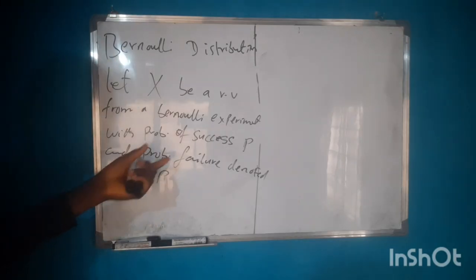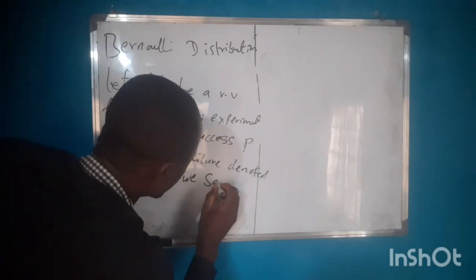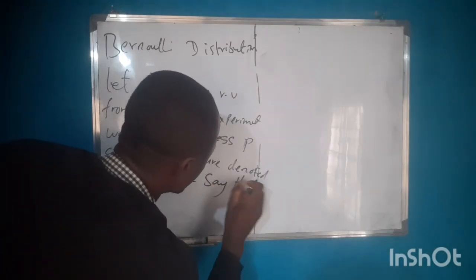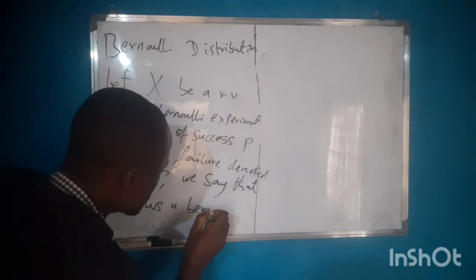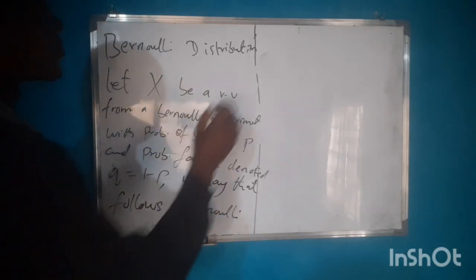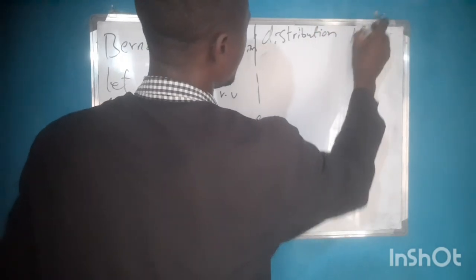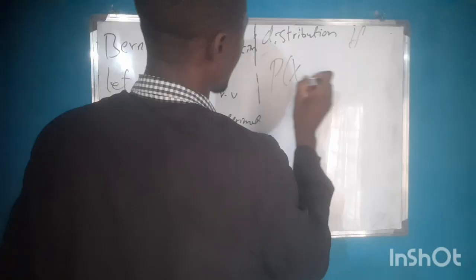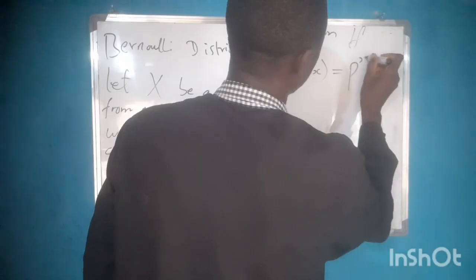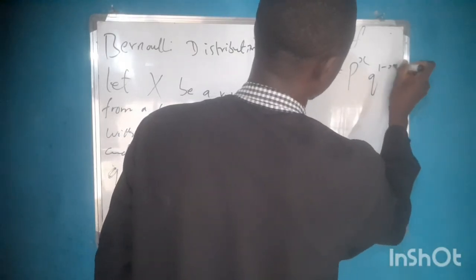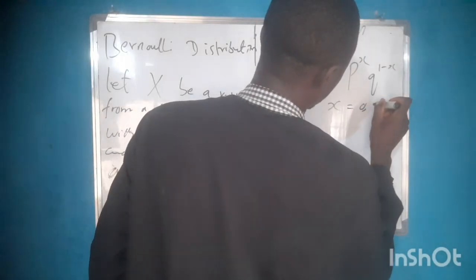Now, we say that X follows a Bernoulli distribution if the probability of X equal to small x is equal to P raised to power x, Q raised to power 1 minus x, where x is equal to 0 or 1.